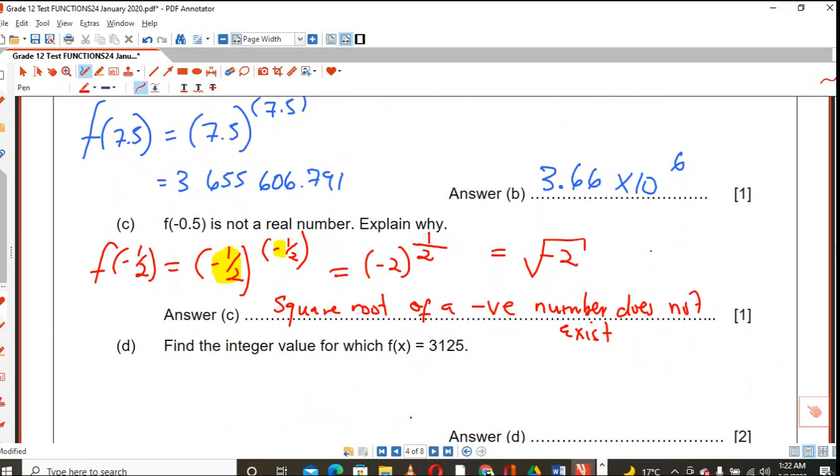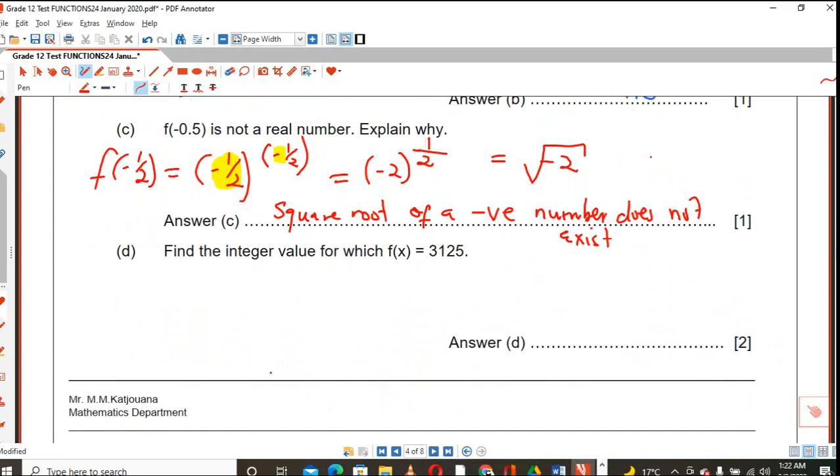Right, then they say find the integer. An integer is a positive whole number, a negative whole number, or 0. Remember our f of x is equal to x raised to the power x, and they say it should equal 3,125. So x raised to the power of x should equal 3,125.